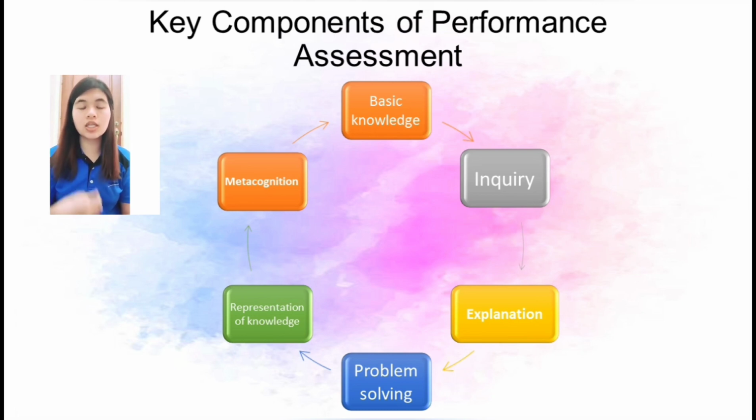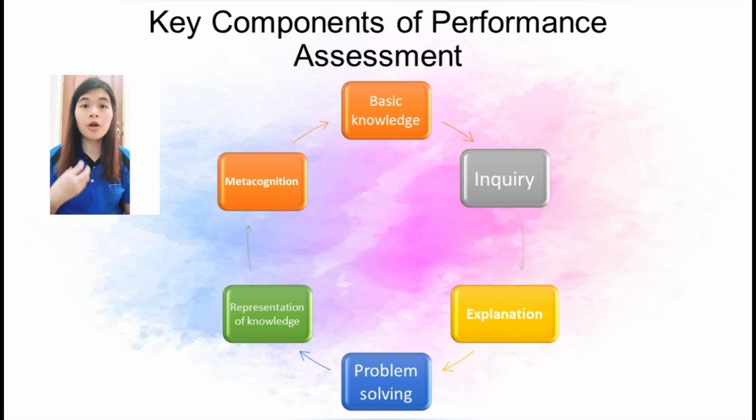Basic knowledge determines what facts and details the student already knows. Inquiry observes how the student obtains information and applies it to form hypotheses and interpretations. While explanation is where the student demonstrates understanding beyond basic knowledge by using factual knowledge to explain concepts and principles.